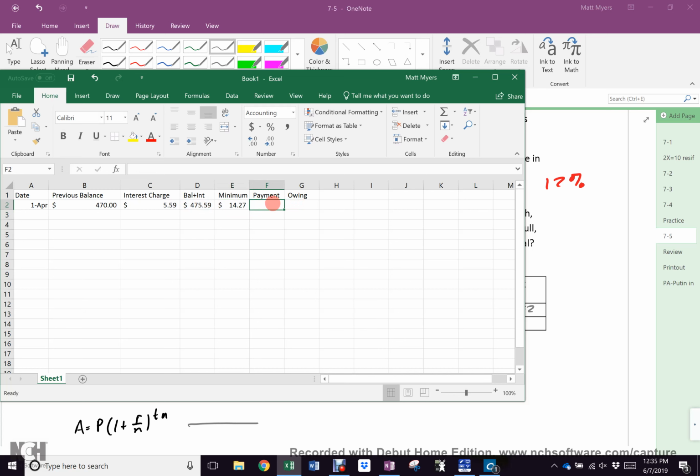Now, payment. I could do an if statement, and then I could enter them all in, but it's pretty complicated. But you can learn. So we know our payment is going to be $14.27. So we're just going to say equals that. And then owing equals that minus that.